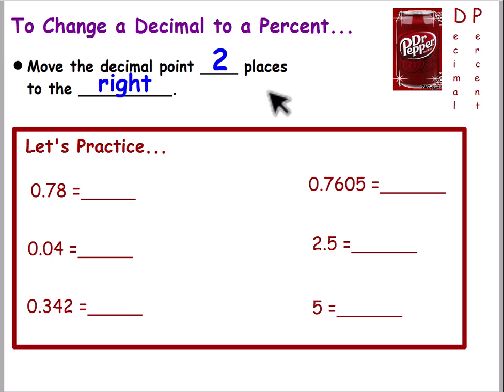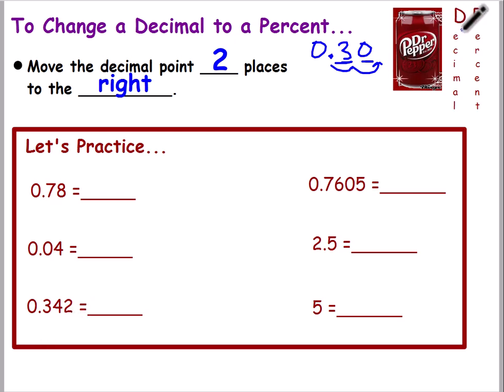So if we have 3/10 and we want to change this to a percent, we need to increase it 2 place values. We do that by multiplying by 100, and increasing 2 place values would turn it into 30. 1 place value, 2 place values. So that's why we move the decimal point 2 places to the right.